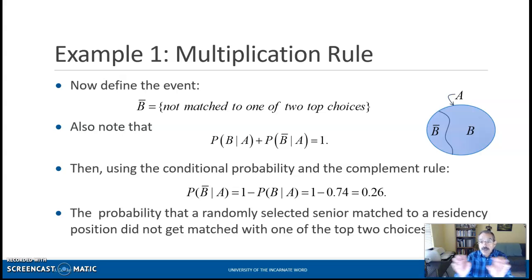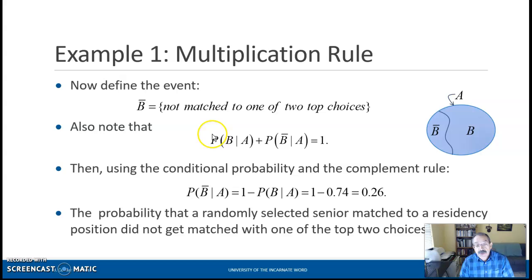So because these two make up the event A, we can write the probability of being matched to one of the top two choices given that you were assigned to a residency position plus the probability of not being matched to one of the two top choices given that you were matched to a residency position must be 1, because they complement each other within this one event.